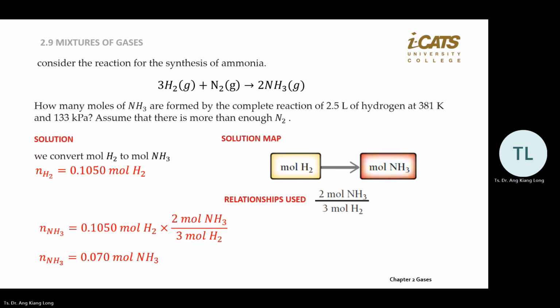First row, right? Okay. 14.007 gram plus 3 hydrogen, hydrogen is 1.008. Roughly 17 point something. Okay. So here you put in 17 point something multiply 0.07 mole, you get the mass.